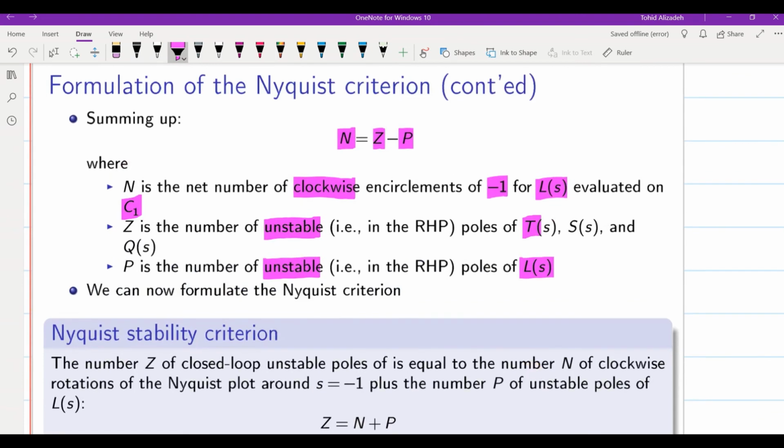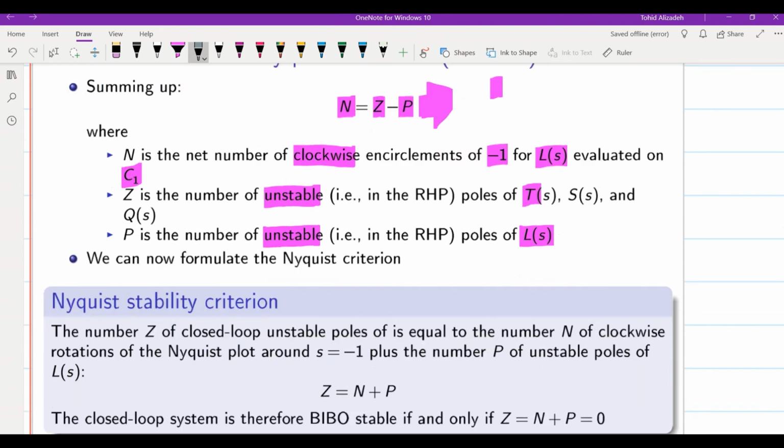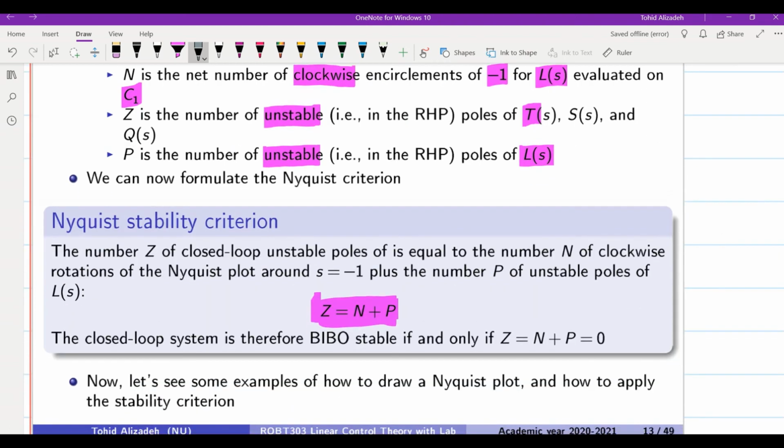So we have N equal to Z minus P, therefore we can rewrite this in the form of Z equal to N plus P, which we have over here. So Z is equal to N plus P. Z is the number of unstable poles of the closed loop system.